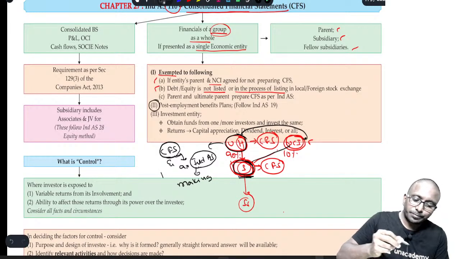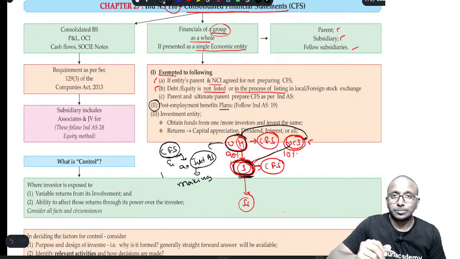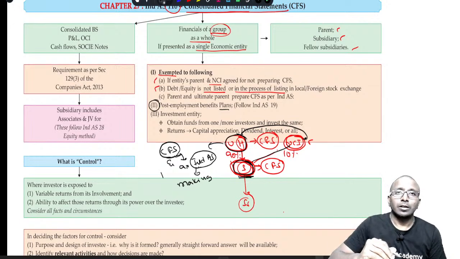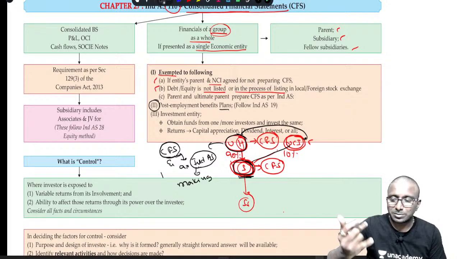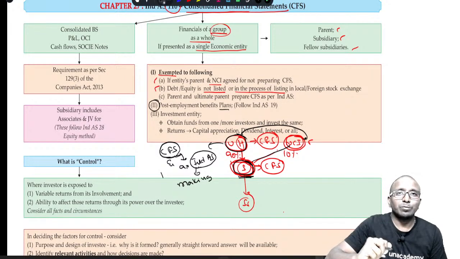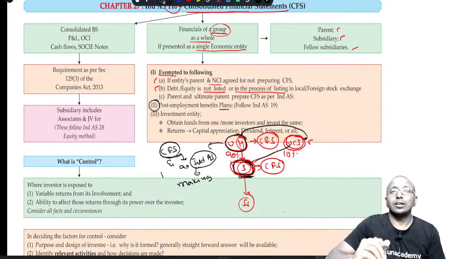And the second part is post-employment benefit plans. Even though the company has control over it, suppose the employment benefit plan is a gratuity fund or provident fund, company-side people only will be controlling that entire trust.